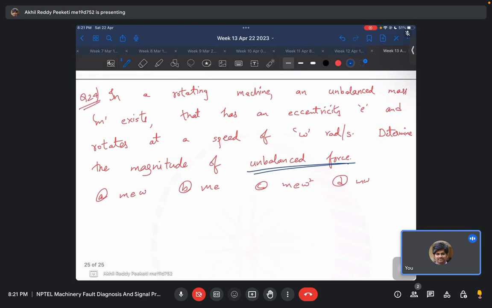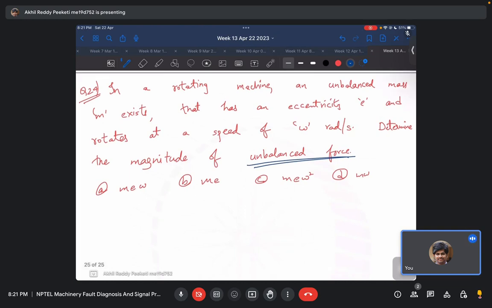In this case, what is the actual reason for the generation of unbalanced force in a rotating machine? The actual reason is the generation of an unbalanced centrifugal force due to this mass rotating at omega speed. What is the formula for centrifugal force?